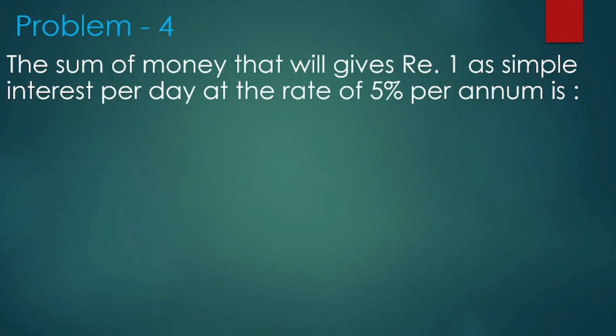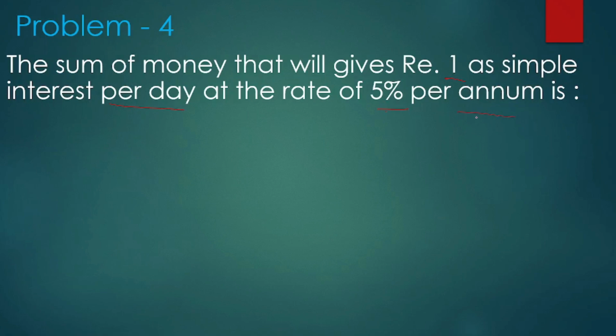Now we are going to discuss the next, fourth problem. Here, the sum of money that will give rupees 1 as simple interest per day at the rate of 5% per annum.